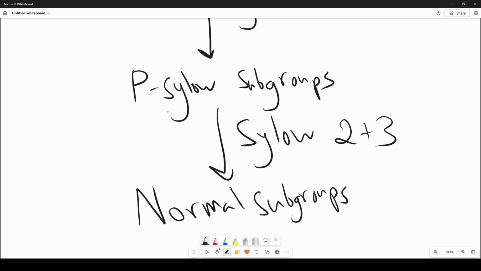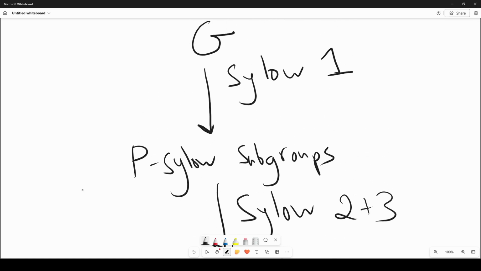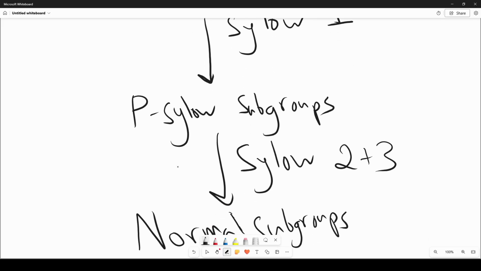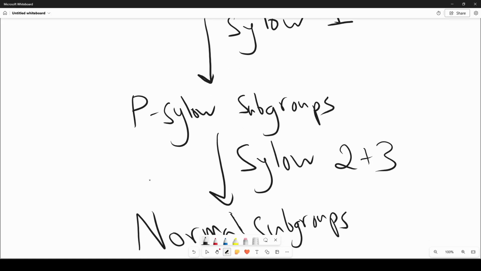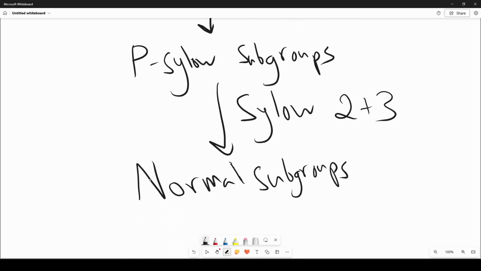The reason why this is helpful is because, in general, if you have a group G, there's not a ton of different ways of finding subgroups. Some that we've discussed are the center of G, which is all those elements which commute with all other elements. The Sylow theorems give us another way, which is the existence of these P Sylow subgroups.